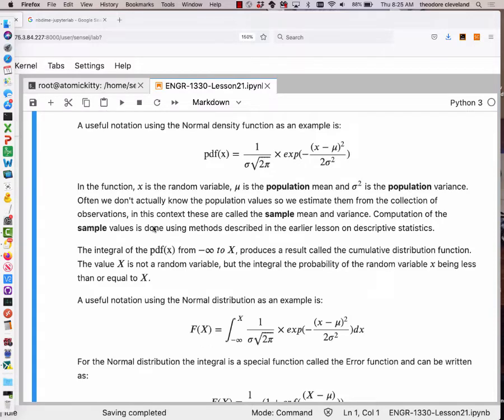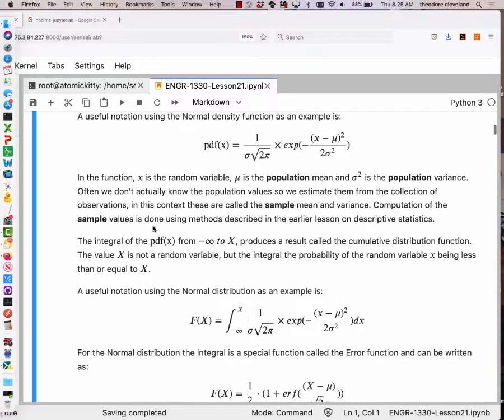Now, often we don't actually know the population values, but we take enough samples from the distribution, and if we can assume or convince ourselves that the process is the same every time, we can often approximate fairly accurately the mean and the standard deviation from the sample.